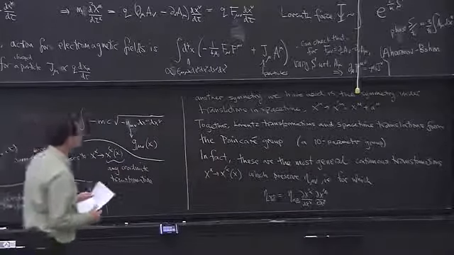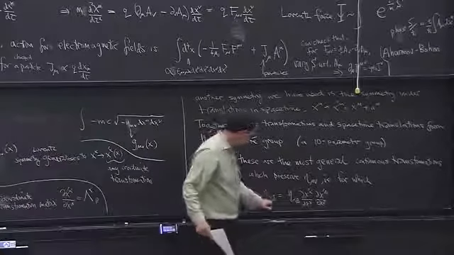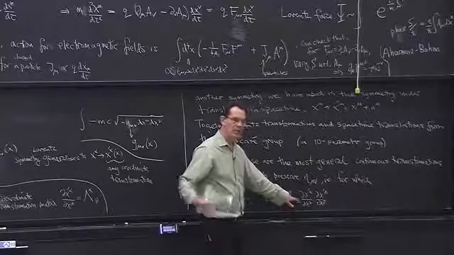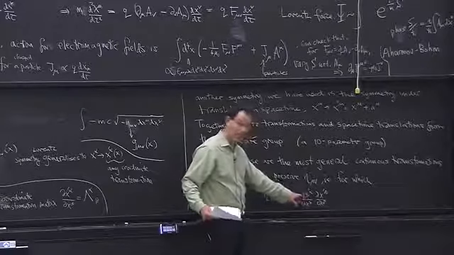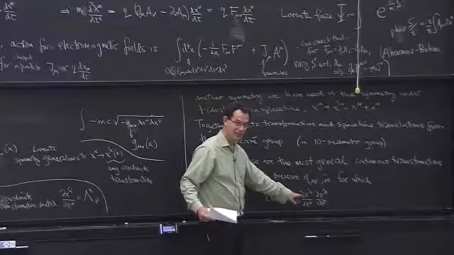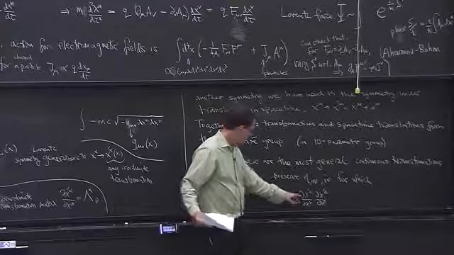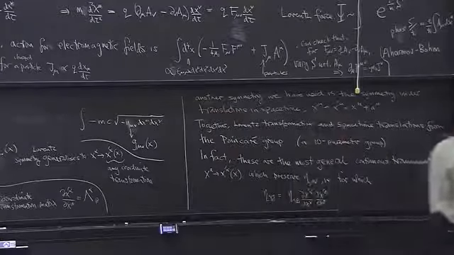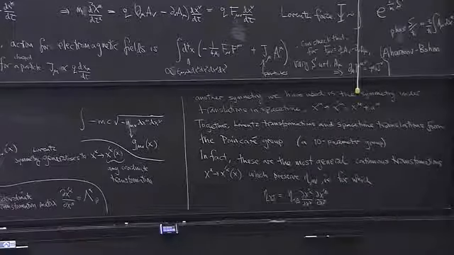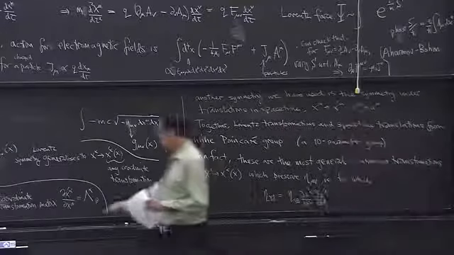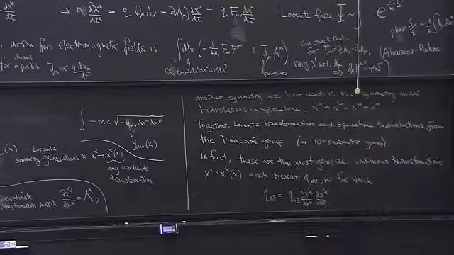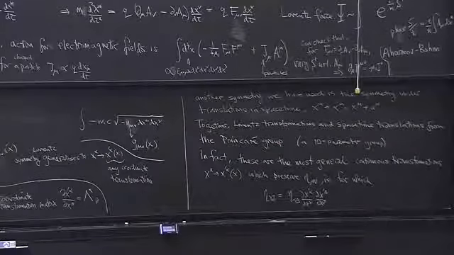Okay, so you can actually prove that if I insist on leaving eta invariant, but I allow my coordinates to change by any function, x prime of x, then the most general possibility for that function is the Poincare transformations.